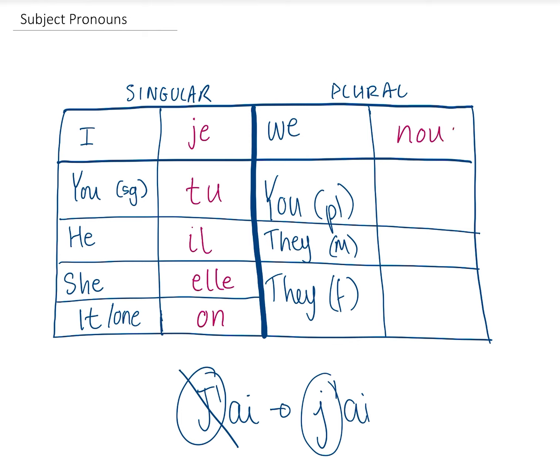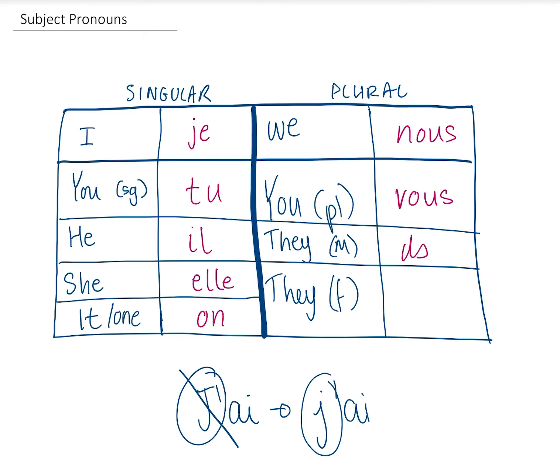Nous for the plural we, vous for plural you, or it can be used for singular if you're talking to someone older than you or more respected, like your CEO in your company or your teacher at school.